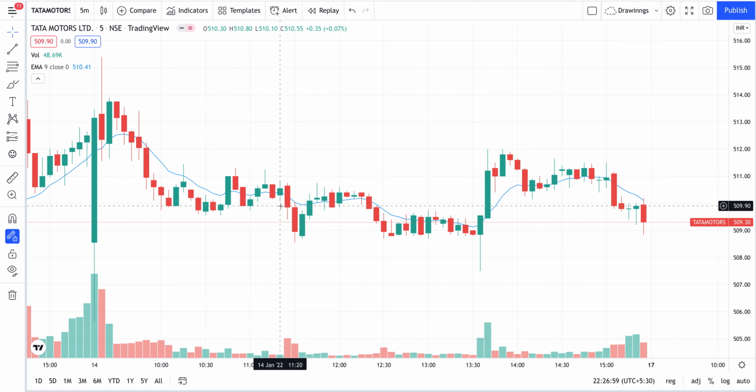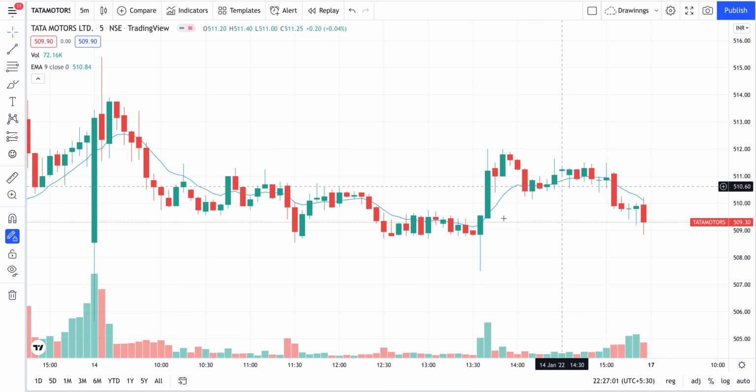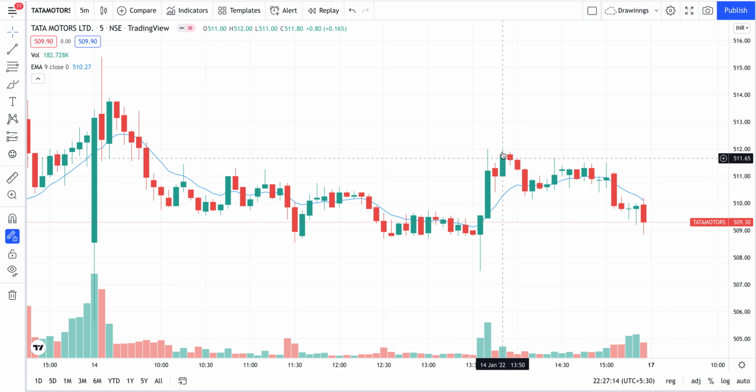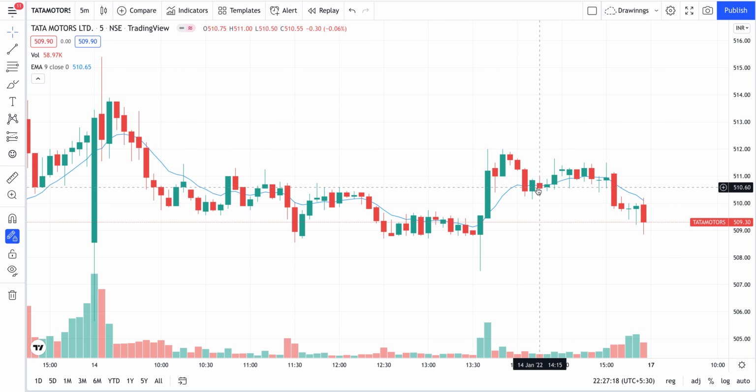See how well it is respected by the candles. You can see that the price respected the exponential moving average, and here it is getting out of its touch. We can see it has reached some point, and again it came back to the exponential moving average.